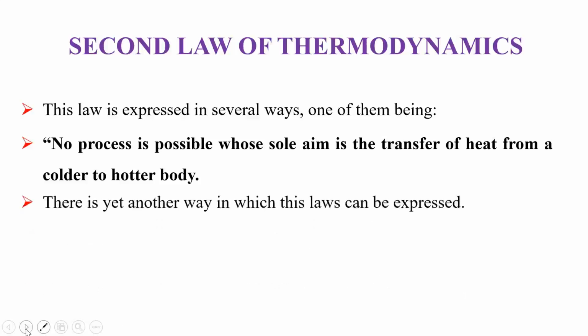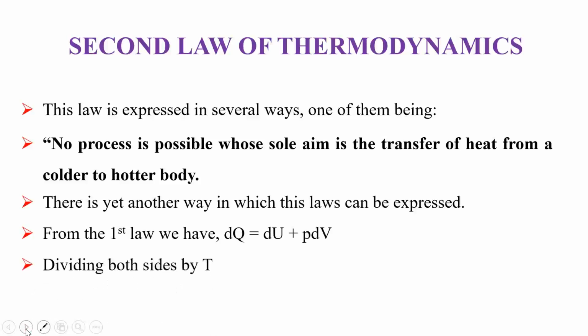There is yet another way in which this law can be expressed. From the first law of thermodynamics, we can write dQ = dU + P dV. Dividing this equation by T, we get dQ/T = dU/T + P dV/T.